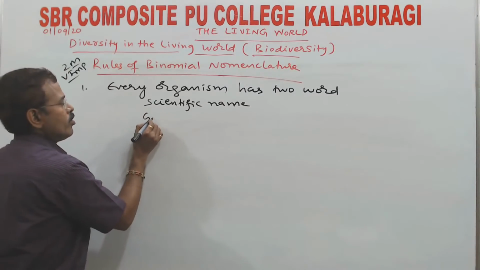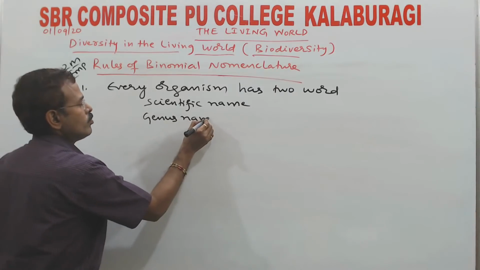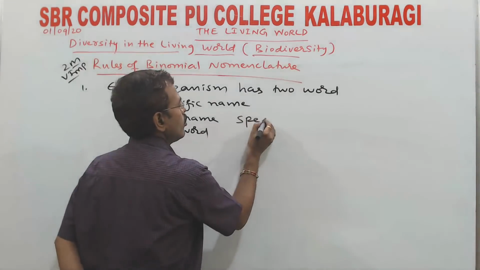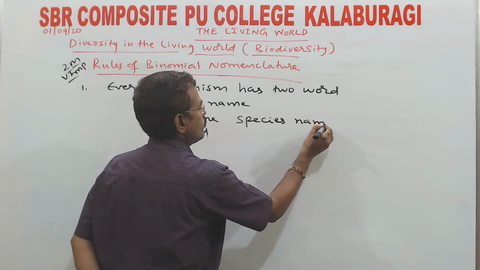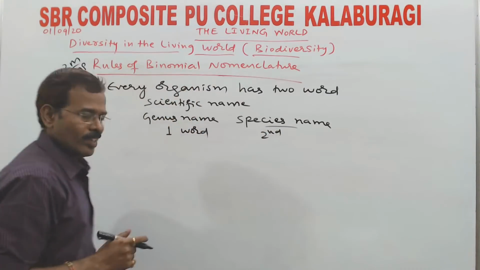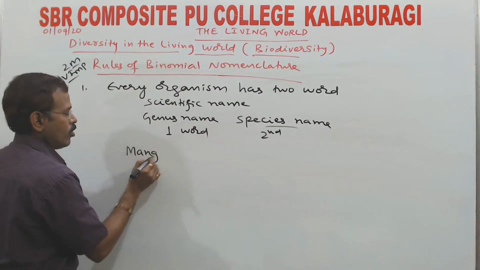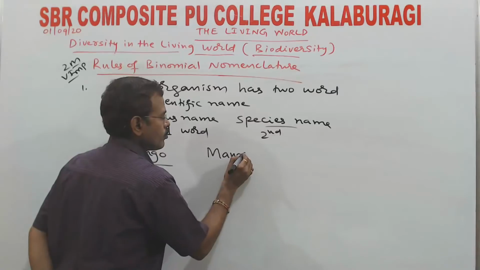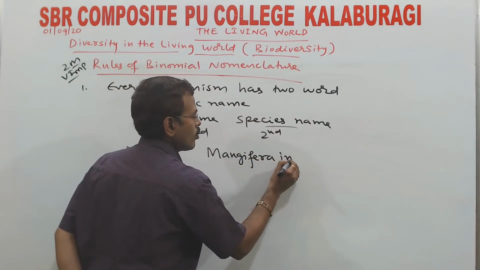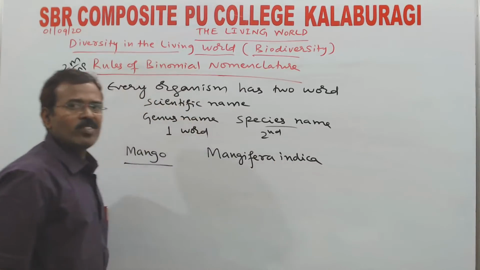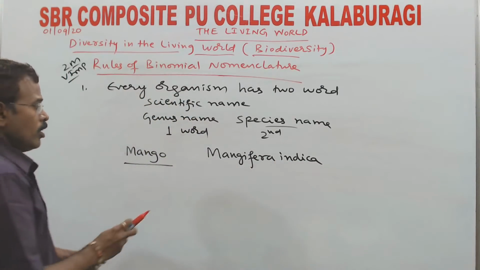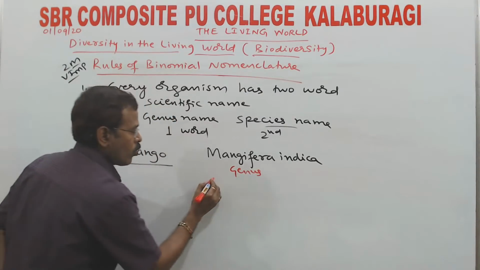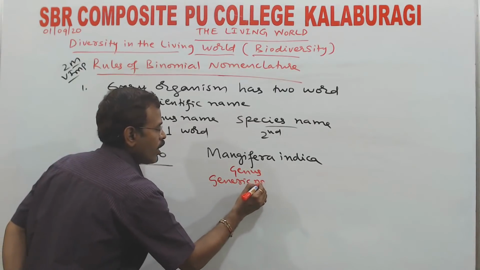The first word is the genus name, and the second word is the species name. Take for example mango. The scientific name of mango is Mangifera indica. The first word is the genus name, or generic name.